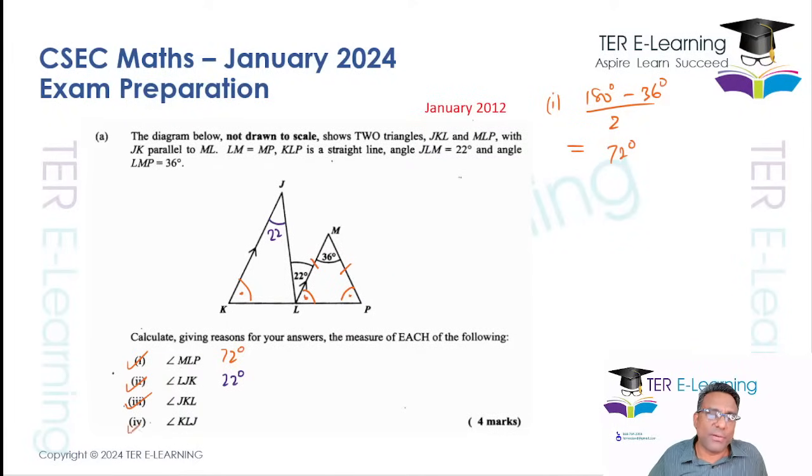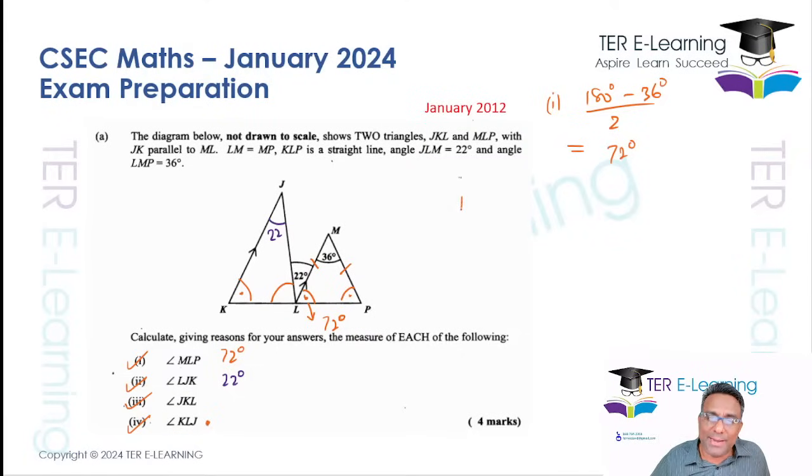Well, actually, what I would do is this. I know that this angle here was 72 degrees. So I can actually work out this angle here, which is JLK, which is the fourth part of the question.